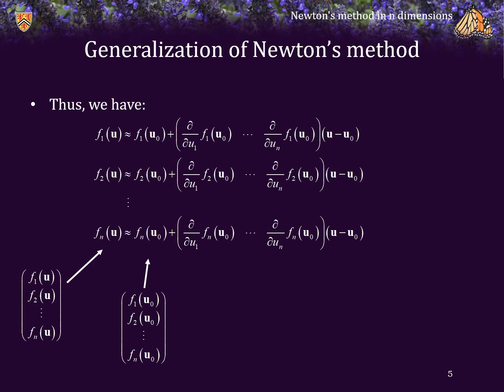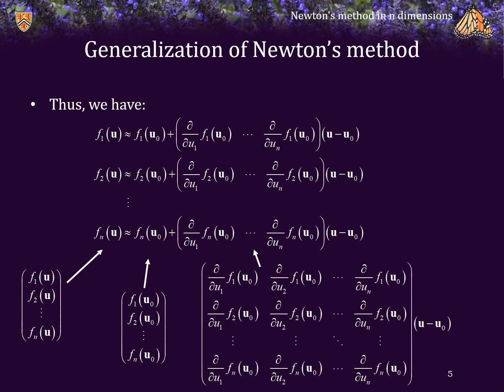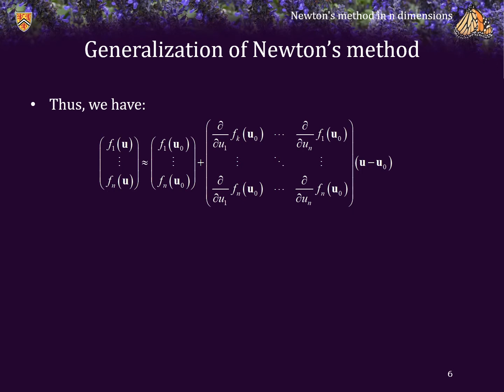Here we have a vector of the n functions evaluated at u naught. And this is a matrix now times u minus u naught. It's an n by n matrix times the difference of the vectors u minus u naught. Thus we now have this vector matrix equation.